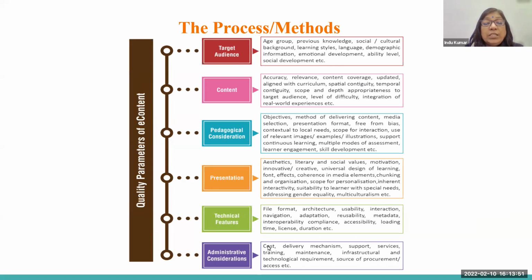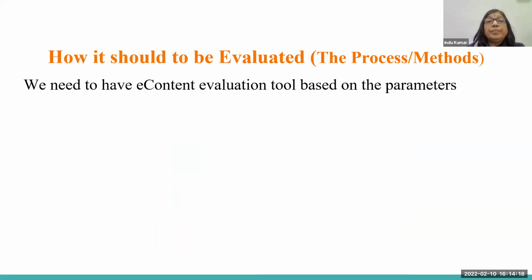Then administrative considerations, and we need to look at the cost, delivery mechanism, support services, then training, maintenance, infrastructure, and technological requirement, sources of procurement, access, etc. So we need to take care of all that.